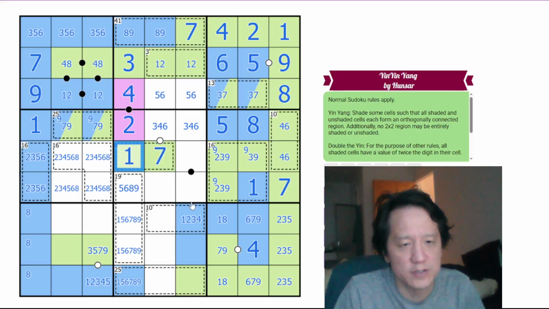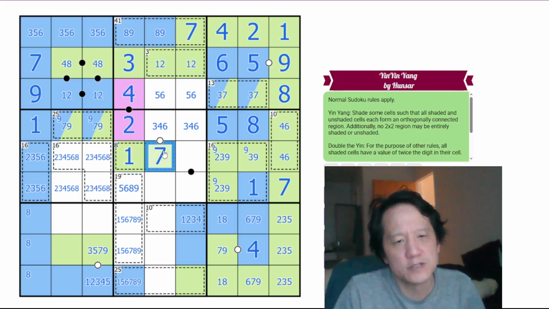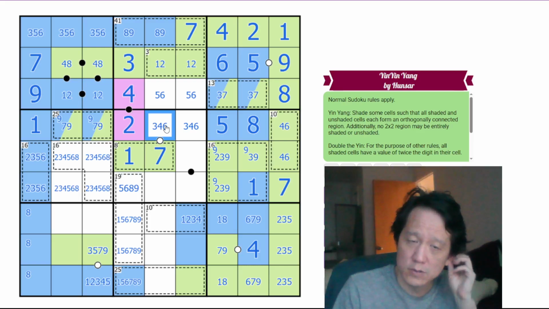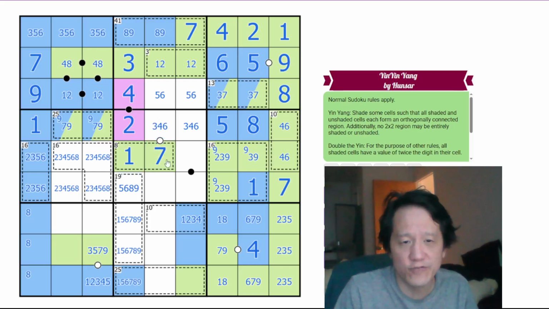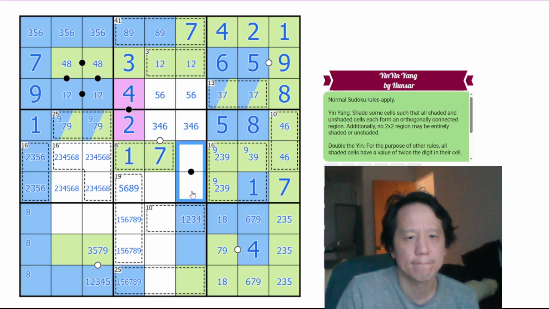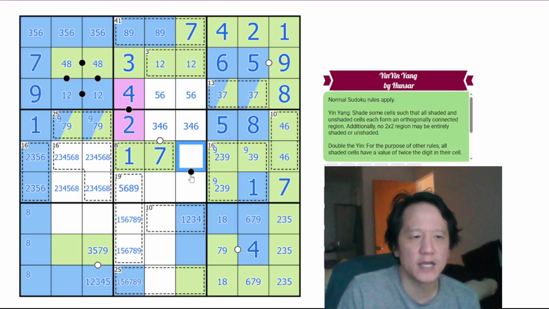So this is 7, this is 1. The 7 is either consecutive with 6 non-doubled, or 3 doubled, or 4 doubled. So any of these work. These two can no longer be 1 doubled with 4.